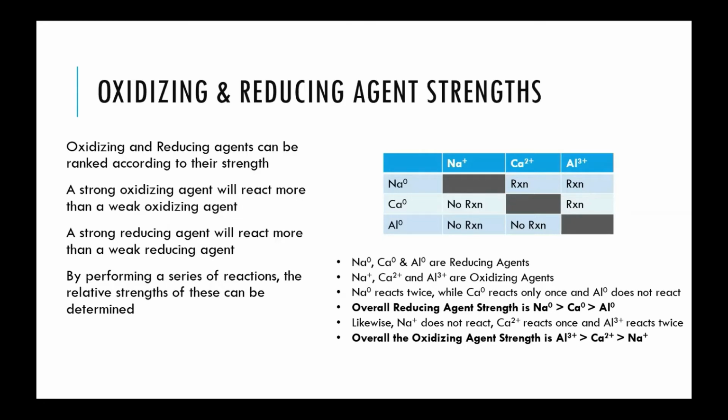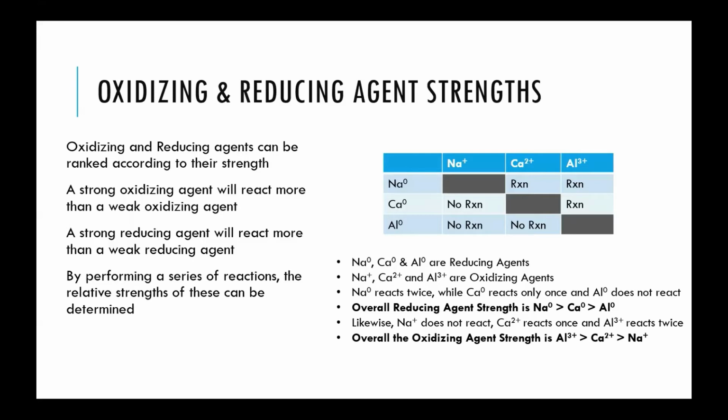In the experiment, there's going to be a setup similar to this, where you're reacting different metals, which are reducing agents, with different salt solutions, metal ions. The metal ions are the oxidizing agents. The reducing agents lose their electrons and become an oxidizing agent. When you mix these together, you can rank their strength by how many times they react.